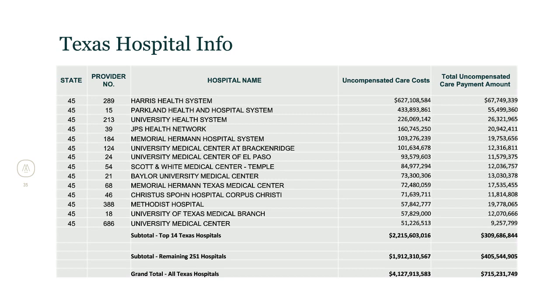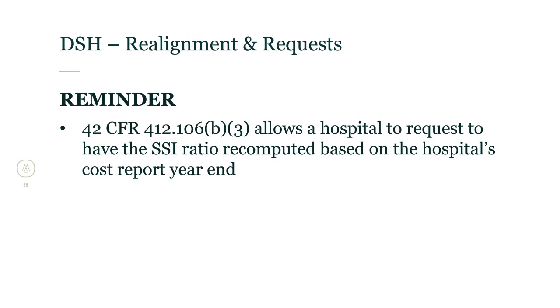We wanted to also remind everybody, and we do this annually, about DSH SSI ratio realignments and requests. There is a provision in the regulation that allows a hospital to request to have their SSI ratio recomputed based upon your cost reporting year end.